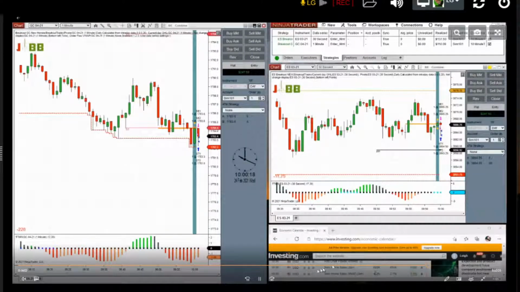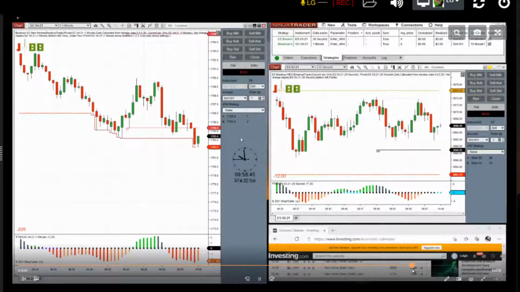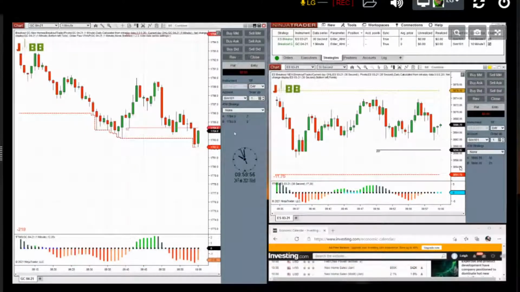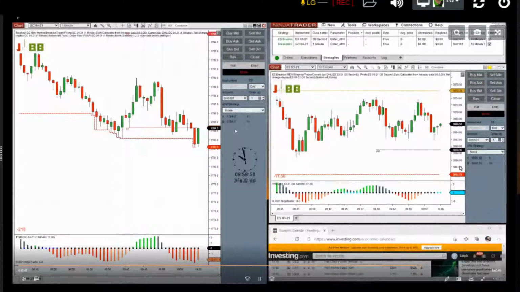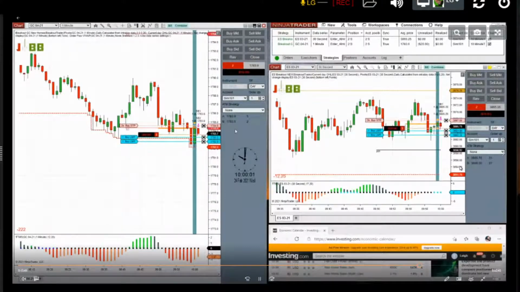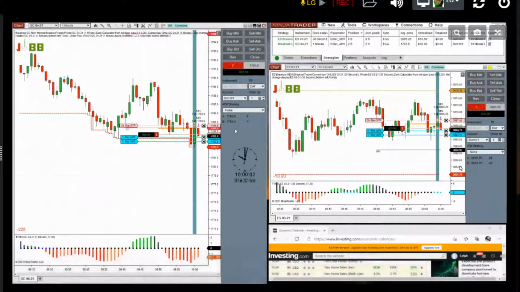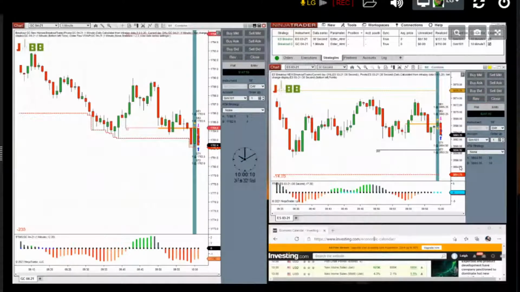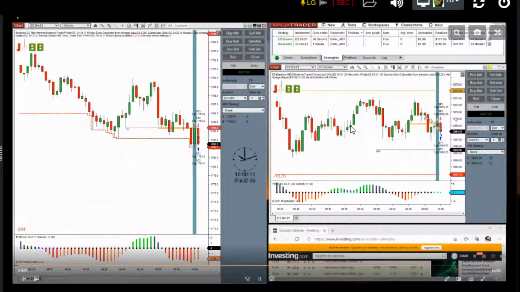The ES, let's see exactly what the ES did on our test. The ES fills to the downside, which is really the wrong direction. Hits the first target and the second target. So who knows?